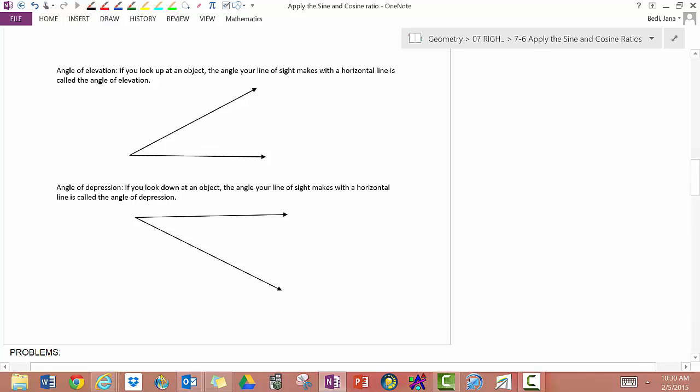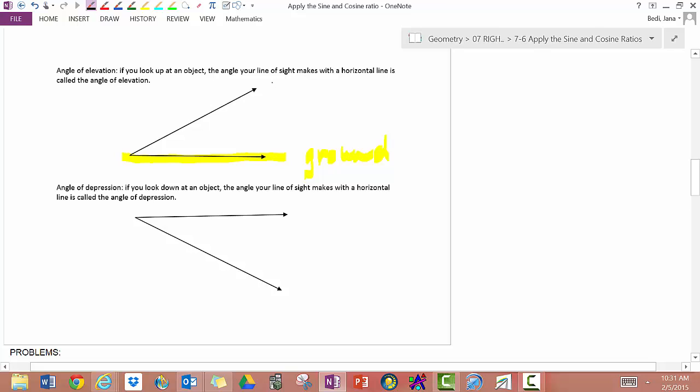Trig functions are used to find heights and distances when you know the angle of elevation or depression. So what is it? Pretend that this is the ground, and your eye is looking up at an object here.